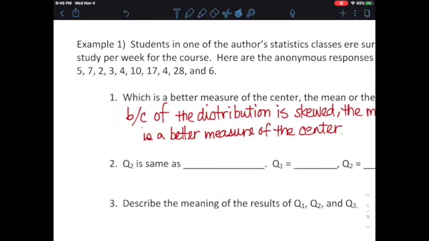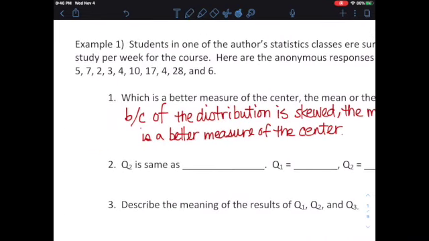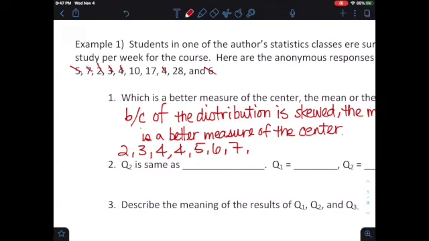If you take a look at the numbers in order, 2 is the smallest, and then you have 3, 4, 4, 5, 6, 7, 10, 17, and 28.